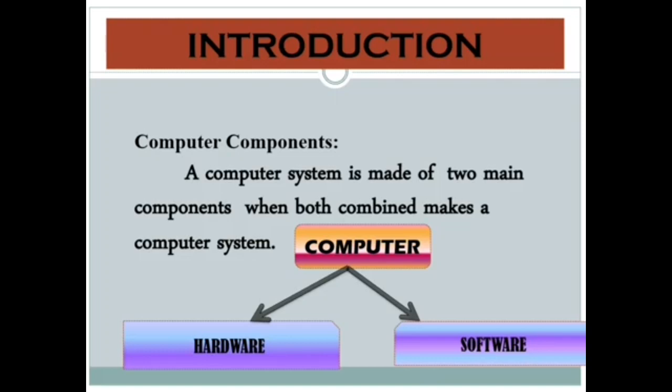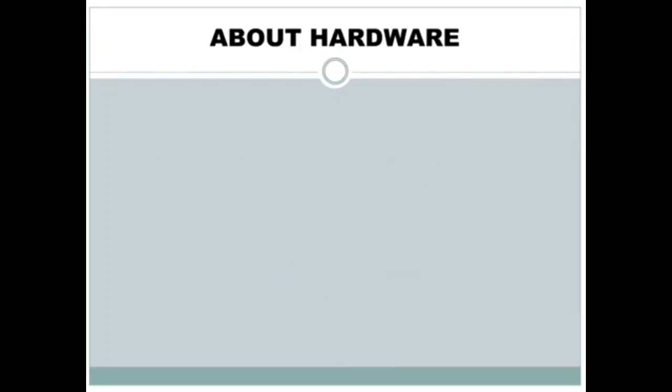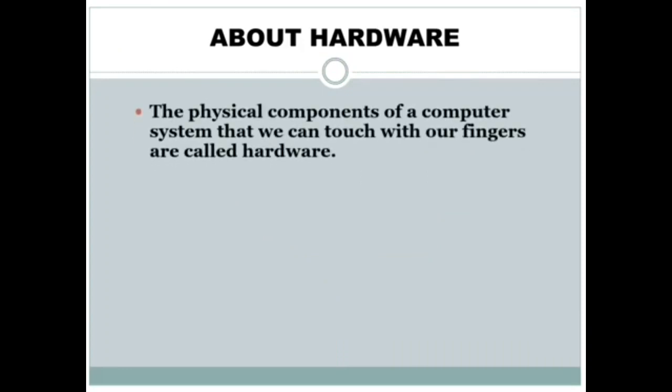The next one, what is hardware? Now we have to see about the hardware. The physical components of a computer system that we can touch with our fingers are called hardware.